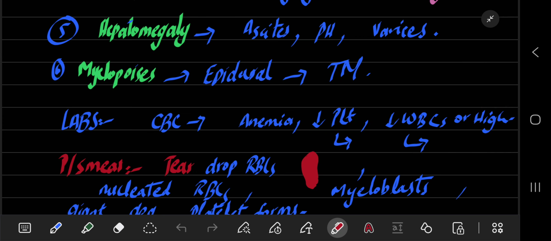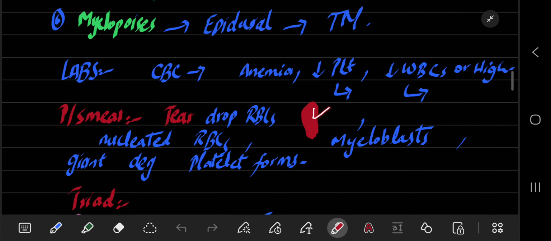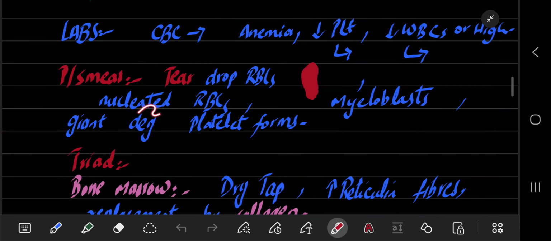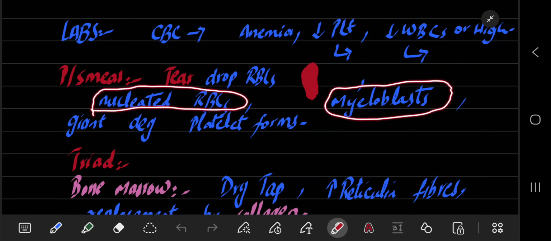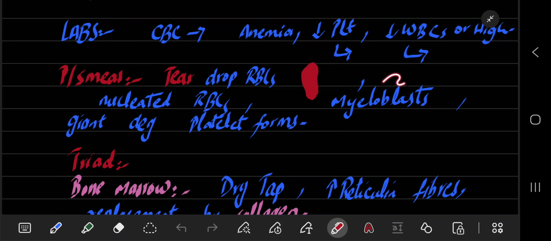On peripheral smear you will see teardrop red blood cells, nucleated RBCs that are called erythroblasts, and myeloblasts are also seen in the peripheral smear, and it is called leukoerythroblastic picture.